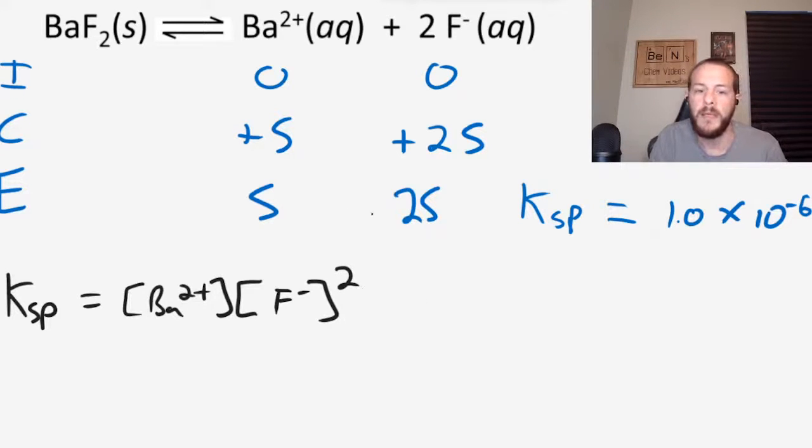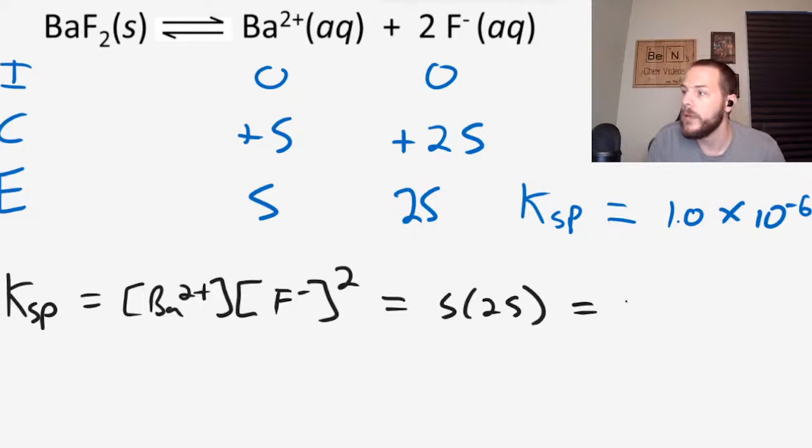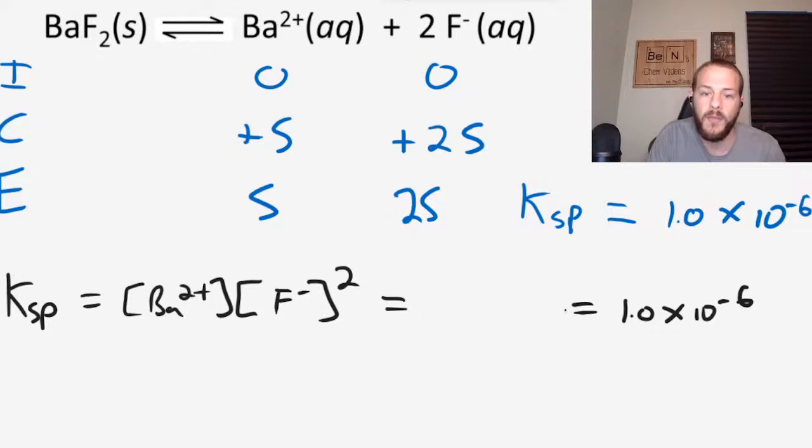If we take these equilibrium concentrations of barium ion and fluoride ion in terms of S and substitute them into this solubility product constant expression, we get S times 2S is equal to the equilibrium constant, which in this case is 1.0 times 10 to the minus 6. Now, S times 2S, we can simplify into 2S squared, so I'm going to rewrite this real quick as 2S squared.